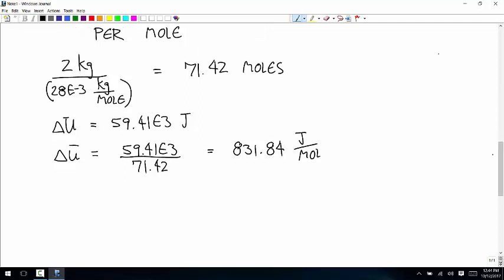Okay, so at state 1, the temperature was 310 Kelvin. I threw out the 0.15 because the table happens to have an entry for 310.